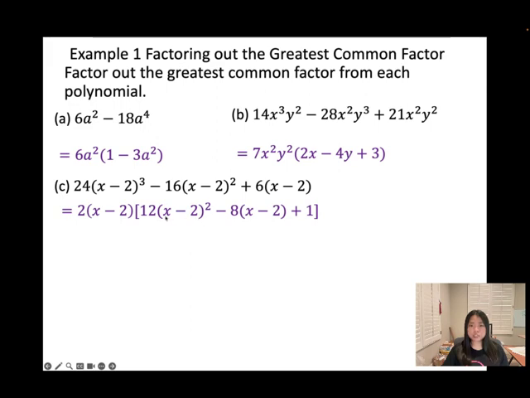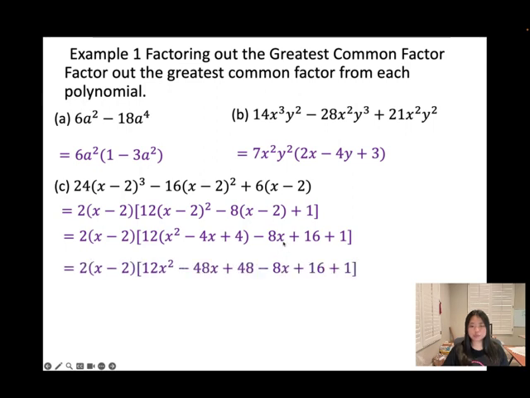You could make it like x squared minus 2xy plus y squared. And then we're going to distribute one by one and then combine the terms. You're going to get this.